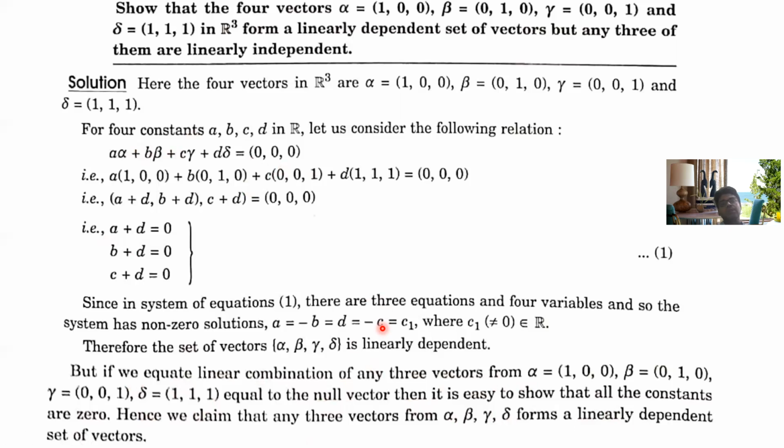It is the well-known example 1 0 0, 0 1 0, 0 0 1, so if you want to prove whether it is linearly independent or not, you can see all scalars become zero. That's why any three vectors from alpha, beta, gamma, delta form a linearly independent set of vectors.